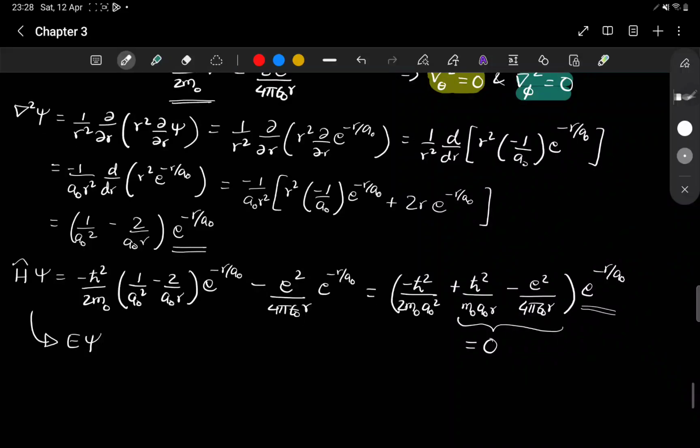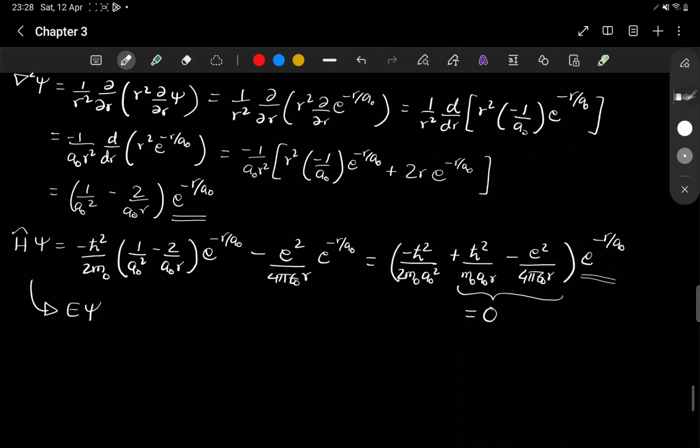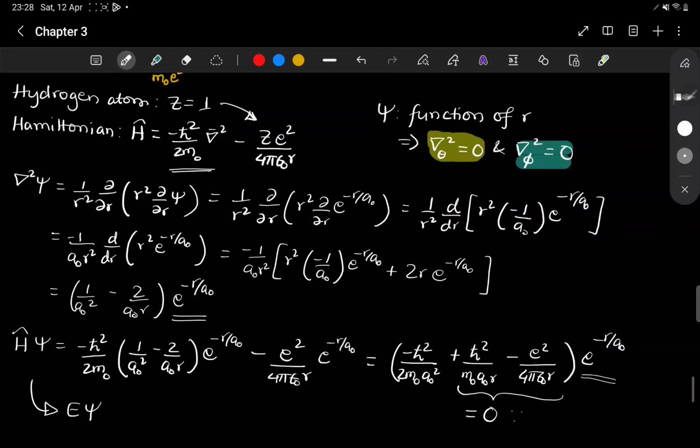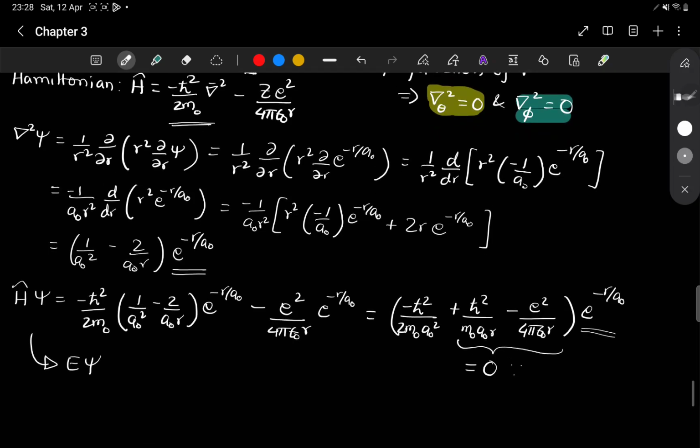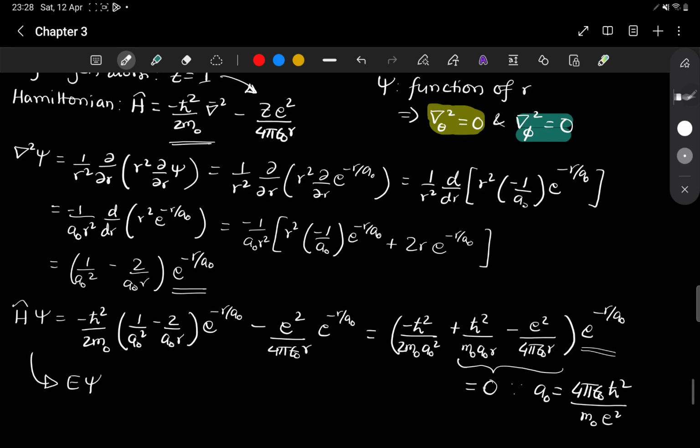And also we are given that this is 0 because we are given this expression for the Bohr radius, a naught is equal to 4 pi epsilon naught h cross squared over m naught e squared. So when you plug in this value, you see that these two terms actually cancel out.